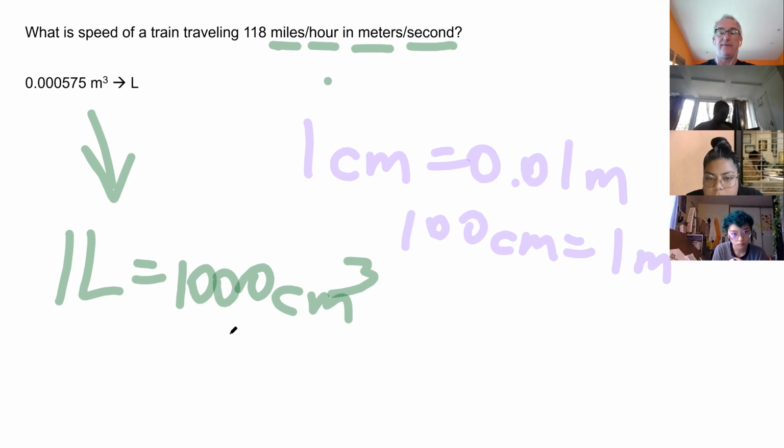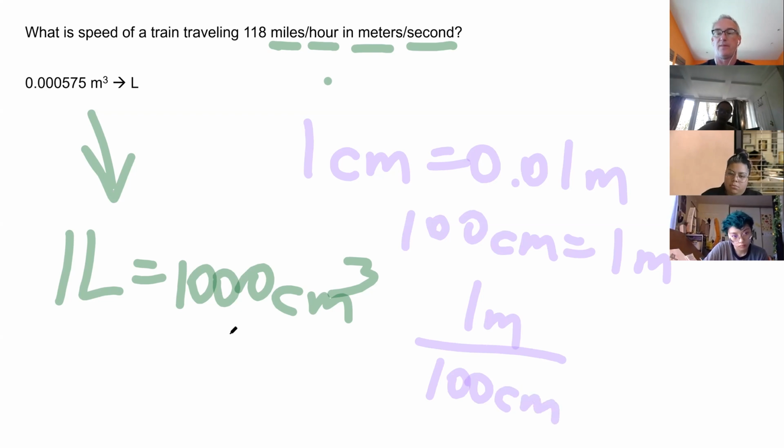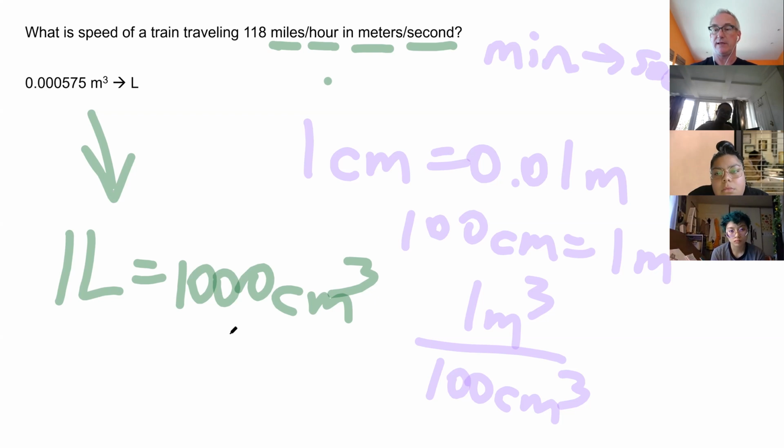So if I have 1 meter over 100 centimeters, this is not true. 1 cubic meter is not the same thing as 100 cubic centimeters. And remember, when you're doing dimensional analysis, what you're really saying, for instance, if I'm converting minutes to seconds, what I would write down is 60 seconds over 1 minute.